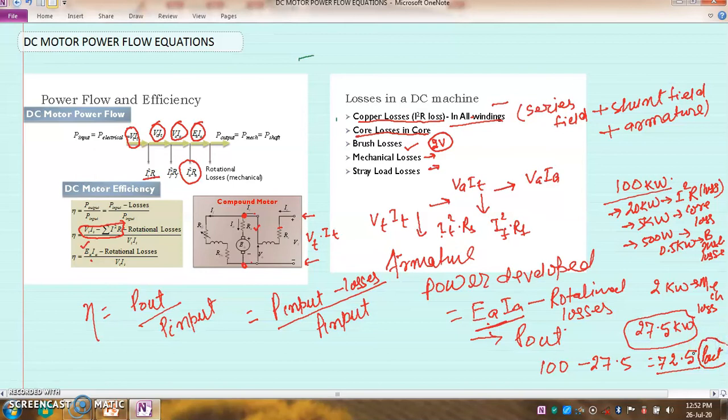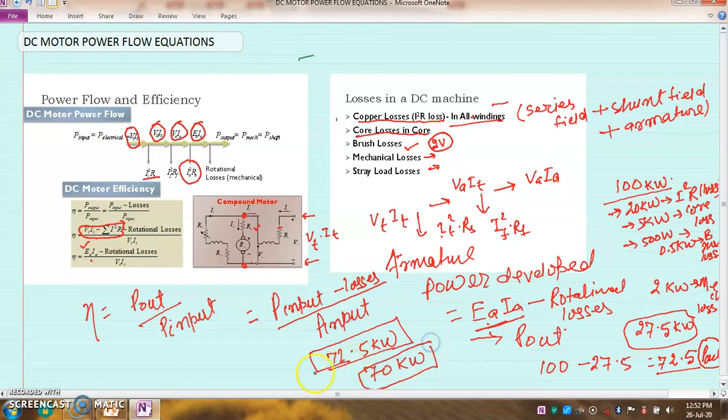But what happens in actual practice is that the output you get is not equal to 72.5 kilowatt. As per our loss assumptions here, it should come to 72.5 kilowatt, but in actual practice it does not. Maybe the output you get is 70 kilowatt.